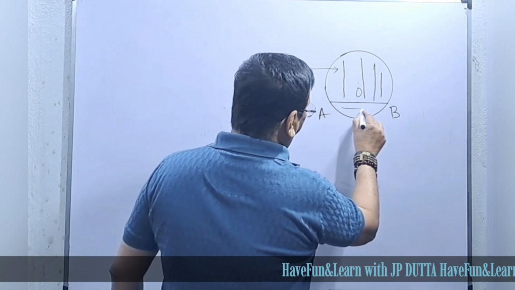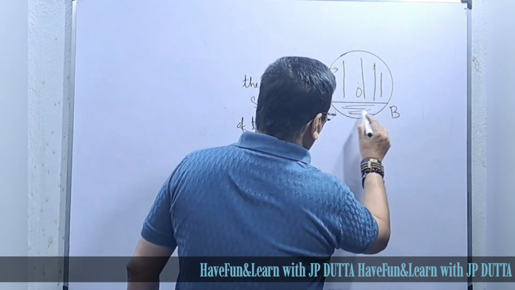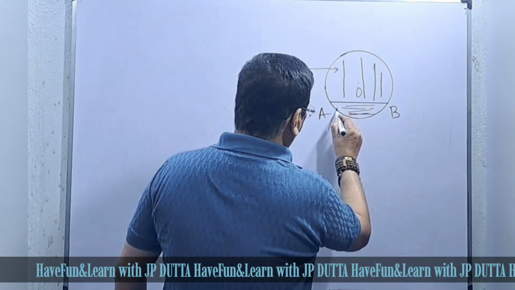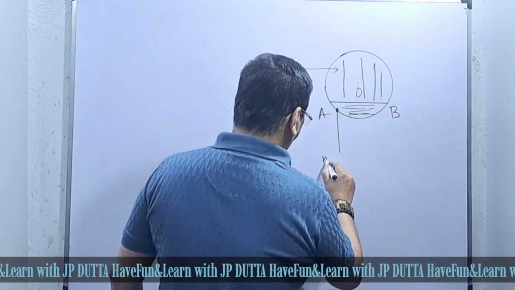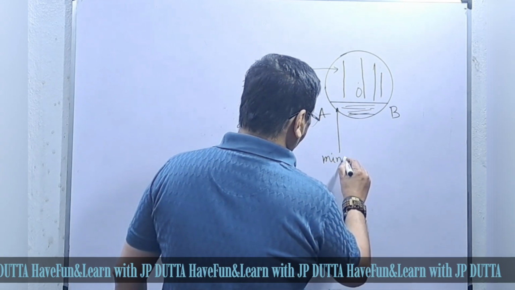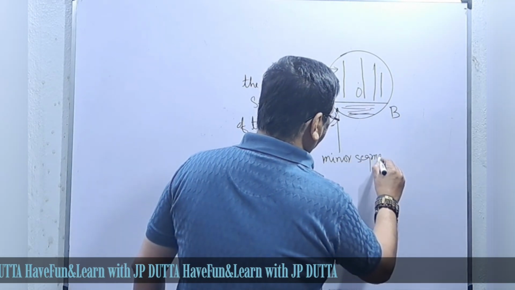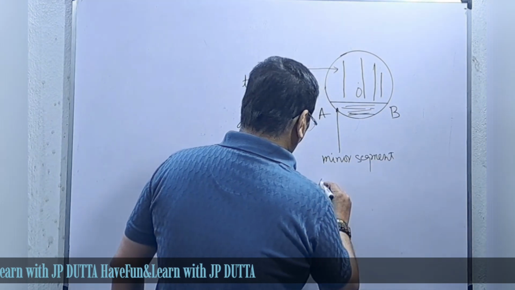And this one, the small segment, is called the minor segment of the circle.